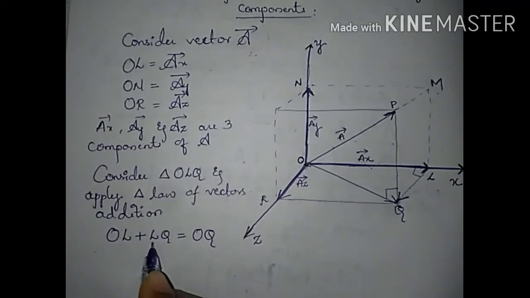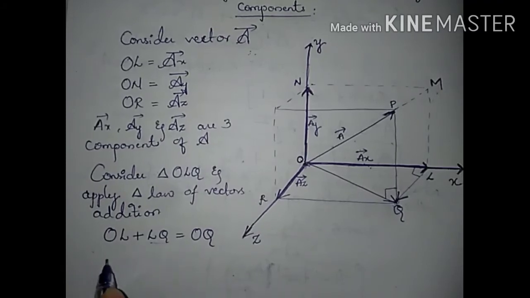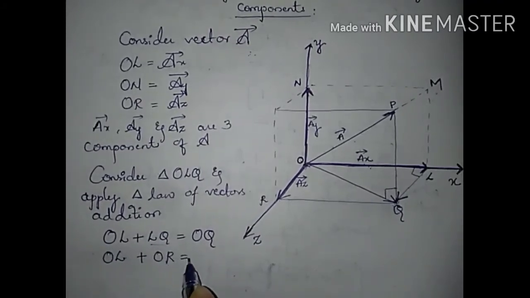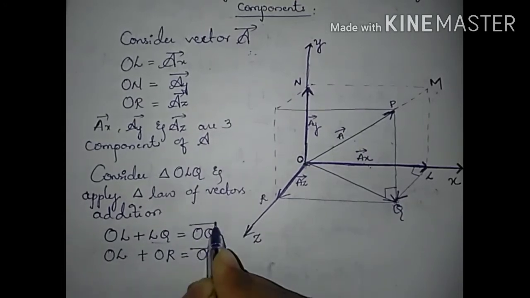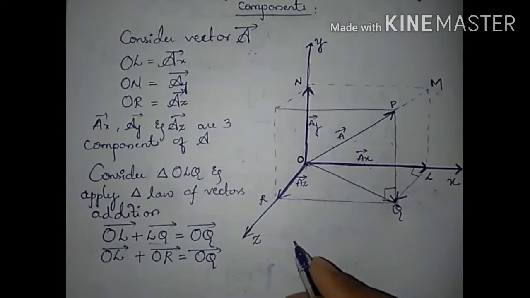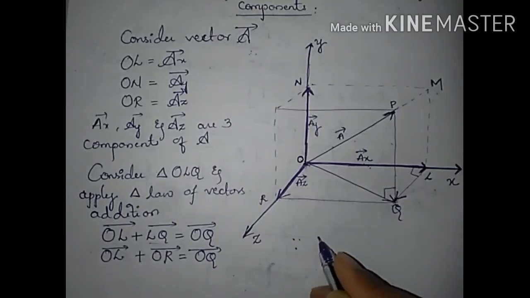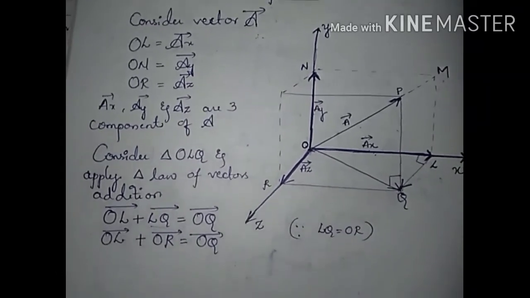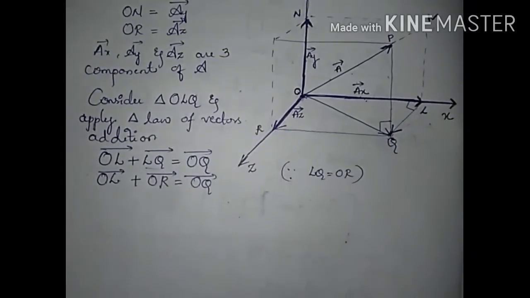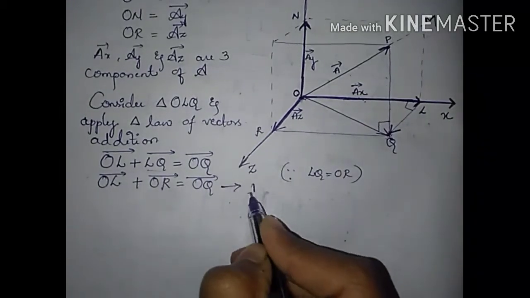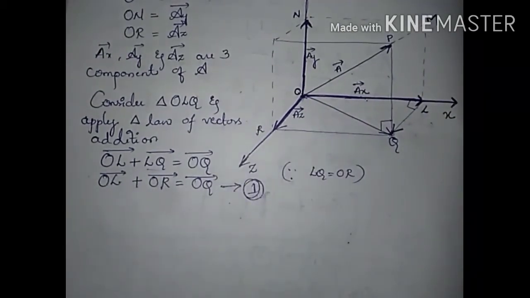If you substitute LQ as OR, then what you will get? OL plus OR is equal to OQ. This we wrote from the diagram, because LQ is equal to OR. Let us call this equation number 1.